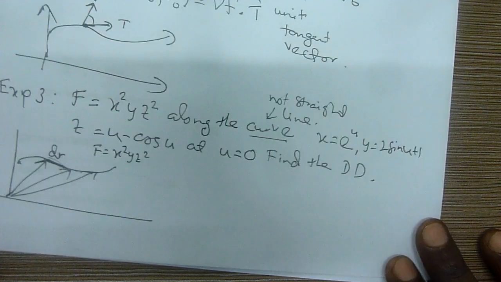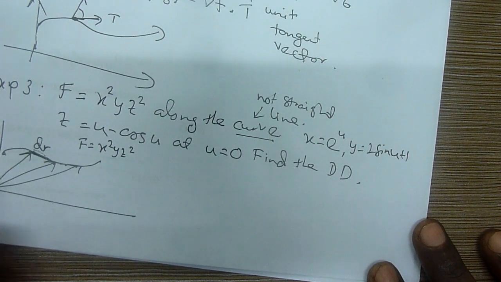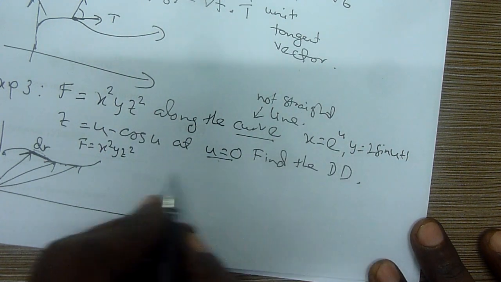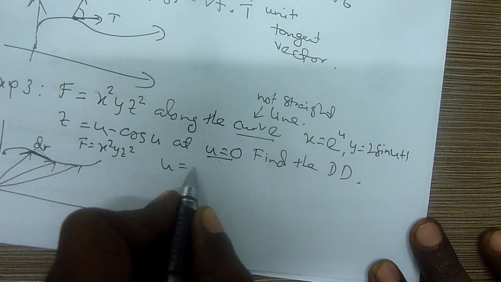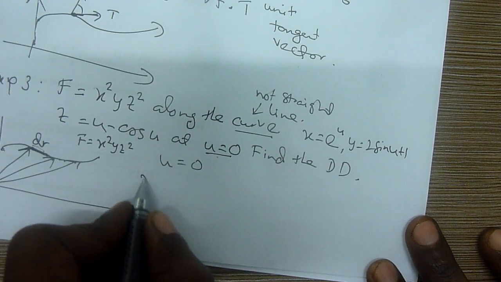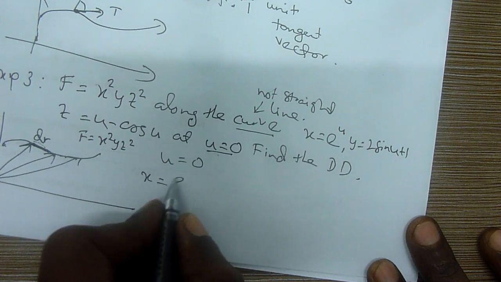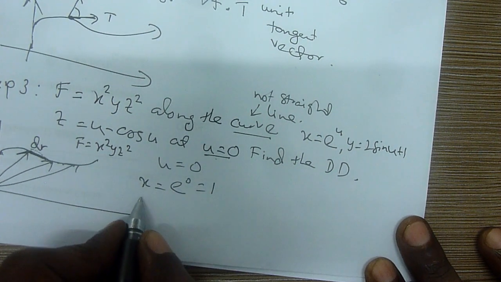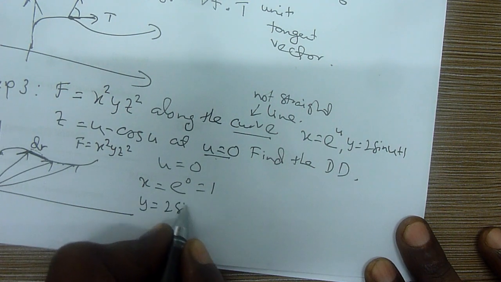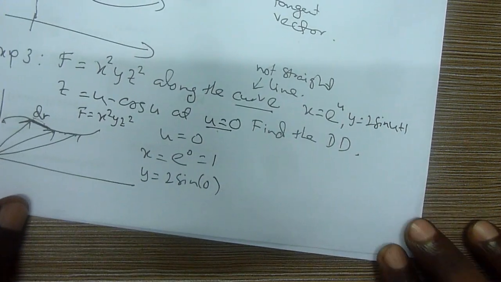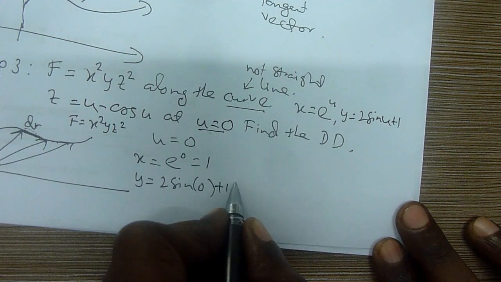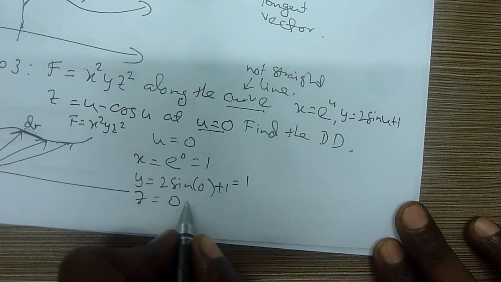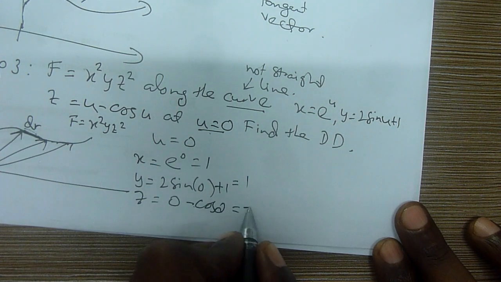If u equals 0, you can calculate x easily. You will get 1, and y equals sine 0 plus 1, you get 1, and z equals 0 minus cos 0, you will get negative 1.